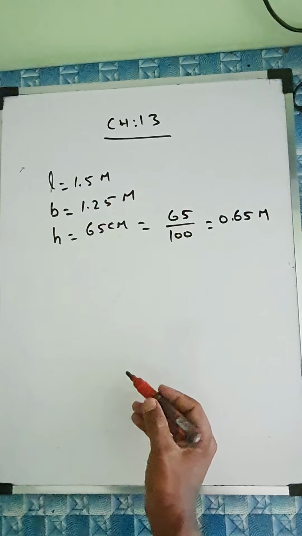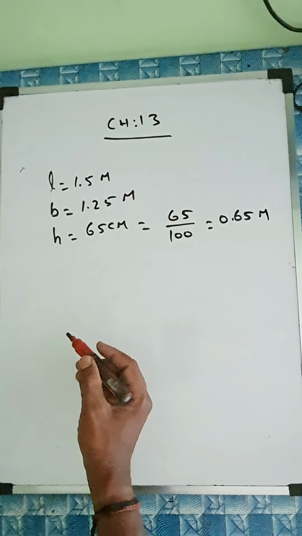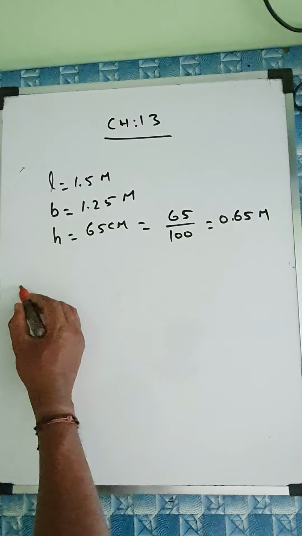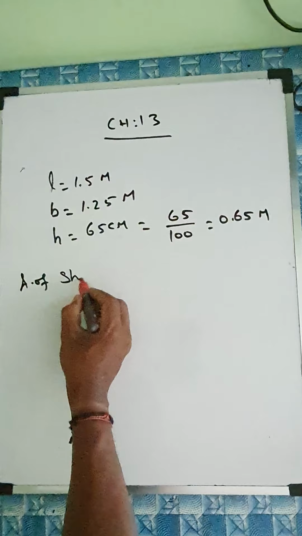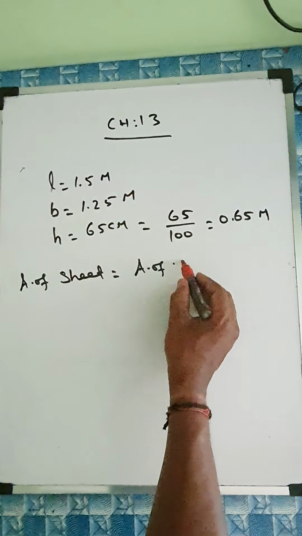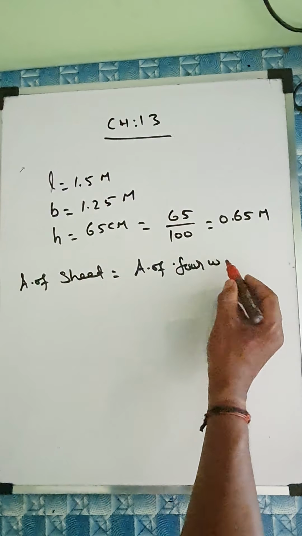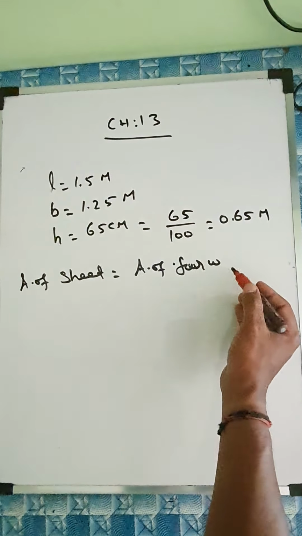Here we are going to find the area of the sheet, and it's an open box, open on the top. So area of sheet equals area of 4 walls, the LSA formula can be used.